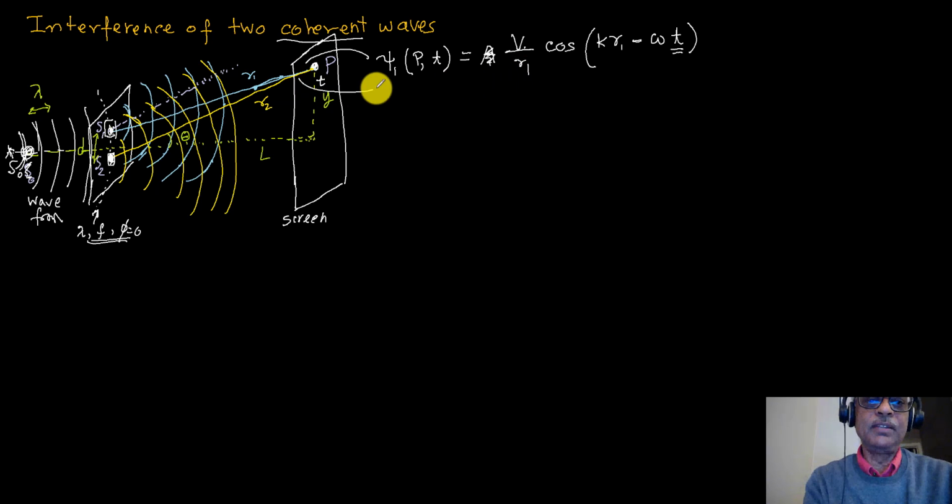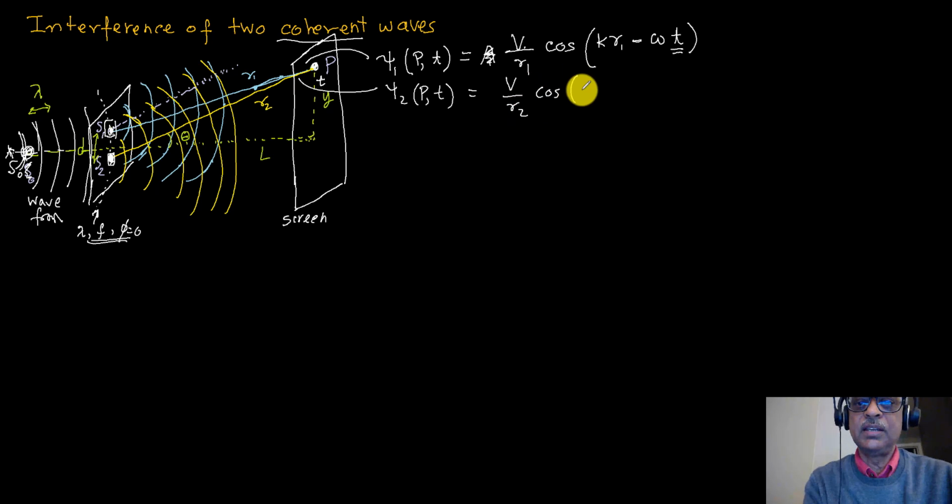If I look at wave psi2 at p at the same time, because it starts the same way with the same v, it is v over r2 and cosine of k r2 minus omega t. The phase was 0 here and 0 here, which I set arbitrarily.